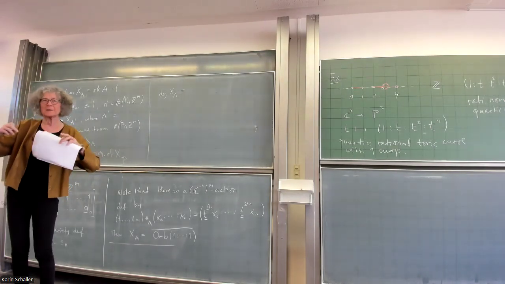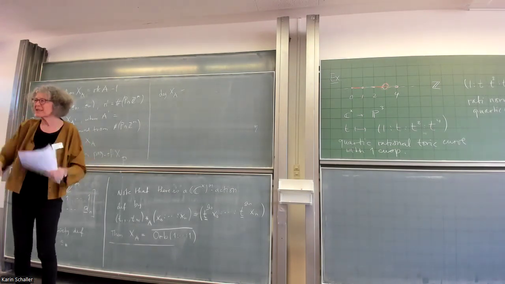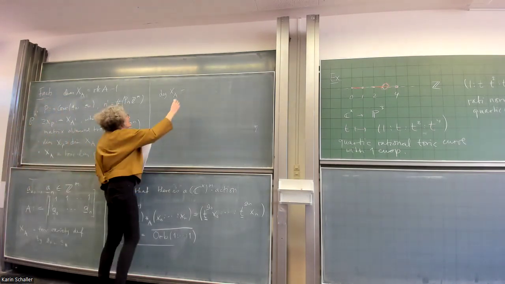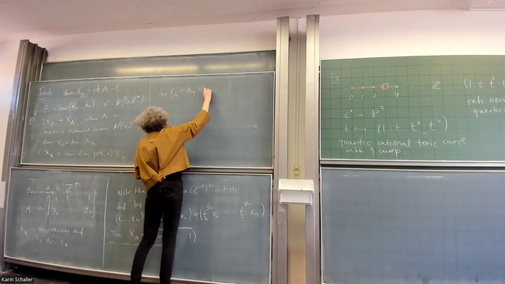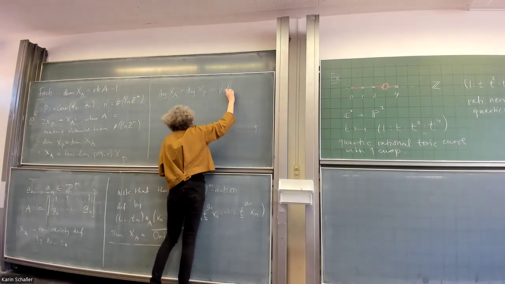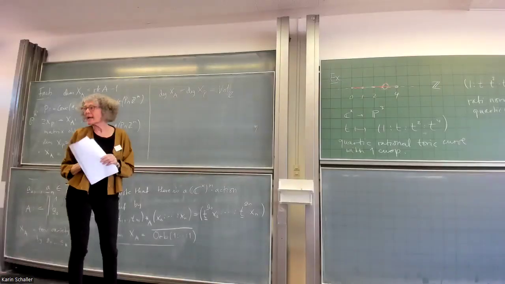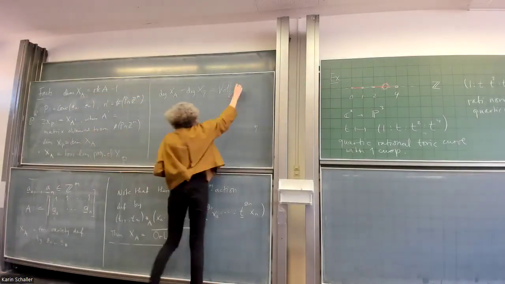So P has the same vertices, and when you project, you're not changing things very seriously. So this is going to be the same as the degree of XP, which of course is the same as the lattice volume of the polytope P.